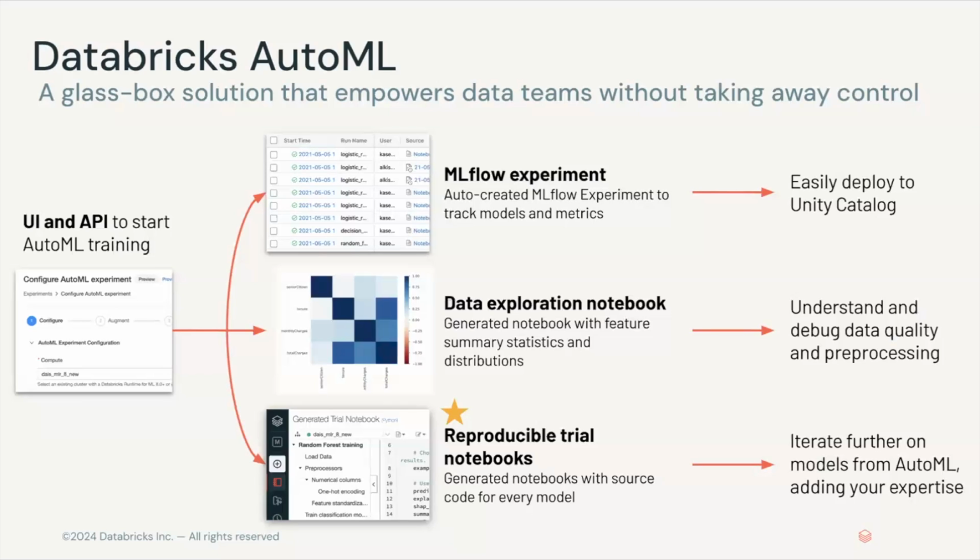At the end of the cycle, you would also understand and be able to debug the data quality. You can also see whatever pre-processing was done, and then iterate further as needed based on what output you see out of the AutoML runs.